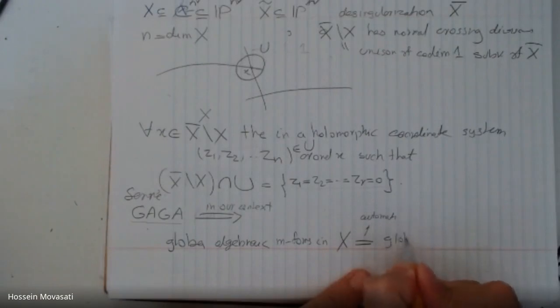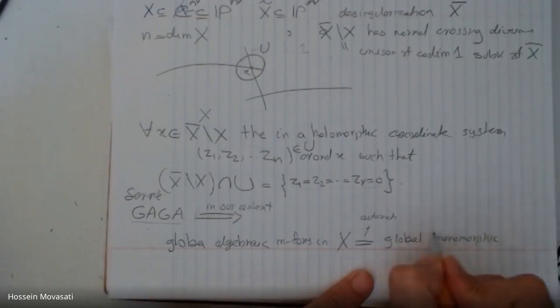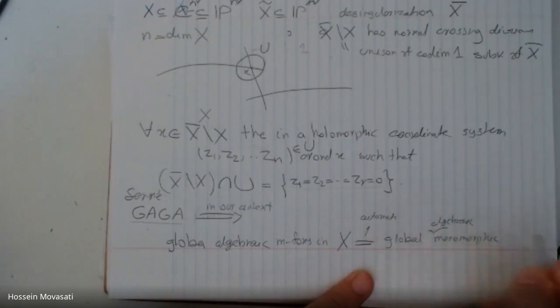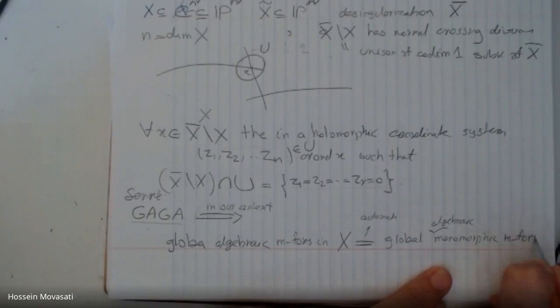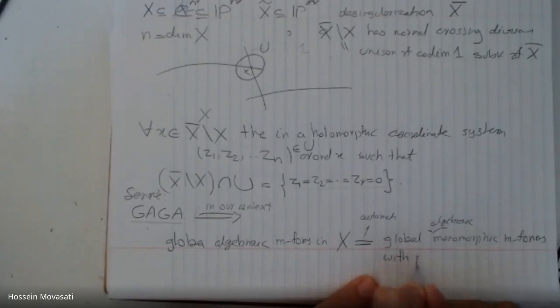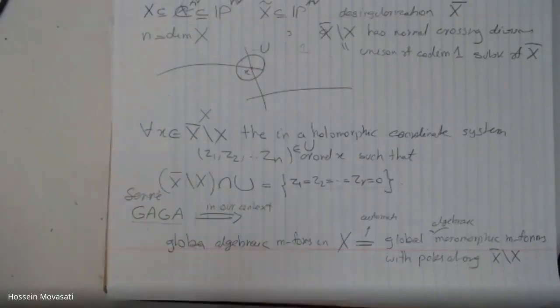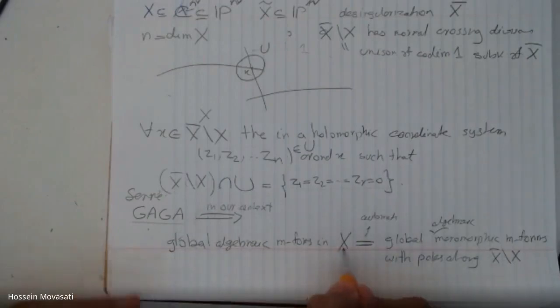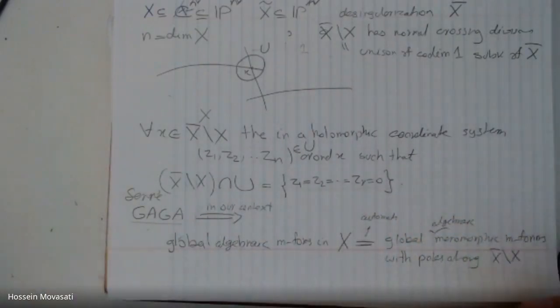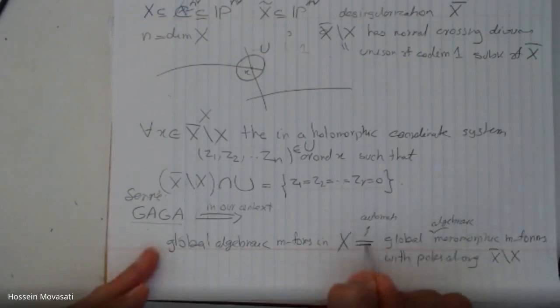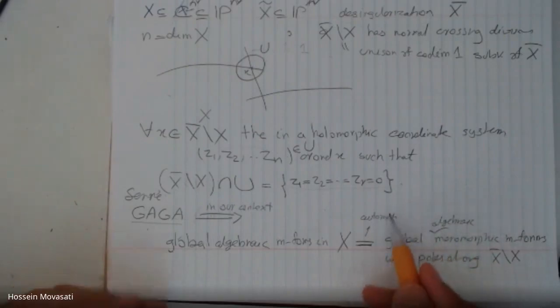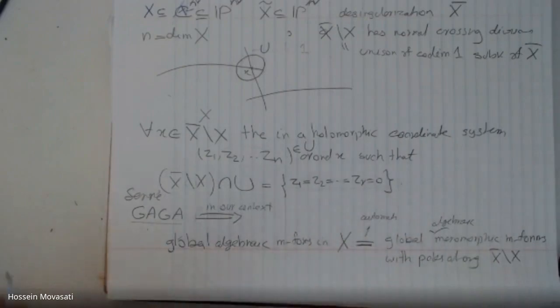These are just global meromorphic, again algebraic, meromorphic N-forms with poles along X bar minus X. So anyway, we can view algebraic N-forms in X as differential forms in X with poles along X bar minus X. This is a kind of automatic, because polynomials, when we look at them in the projective space, always have poles at infinity.